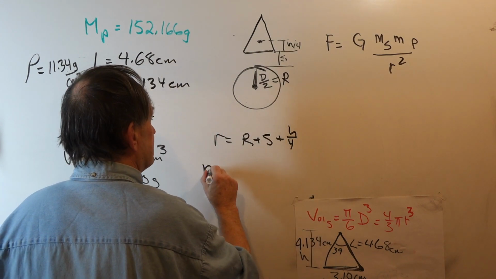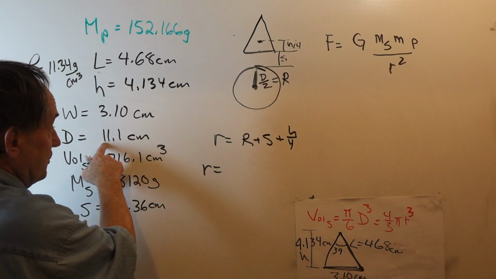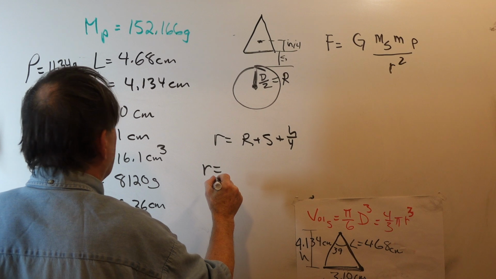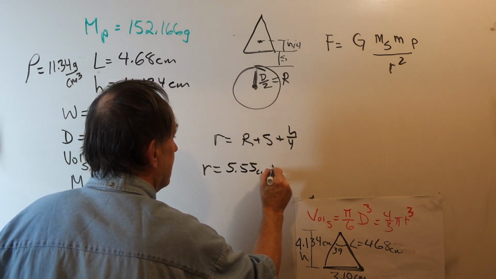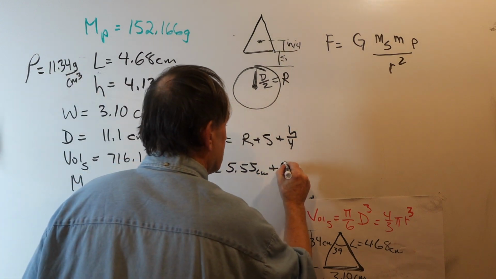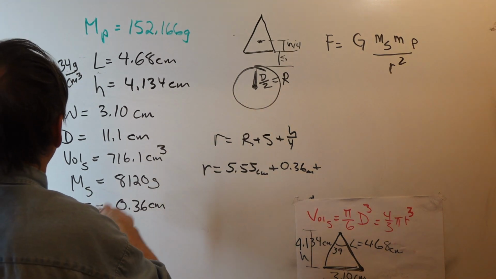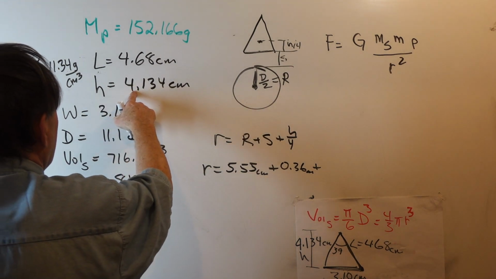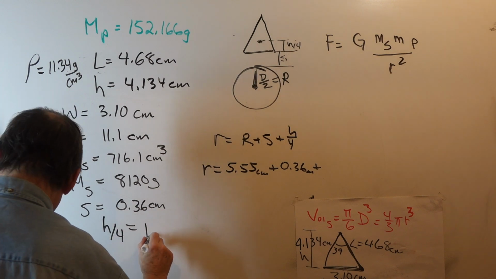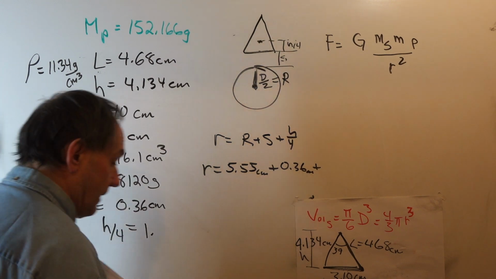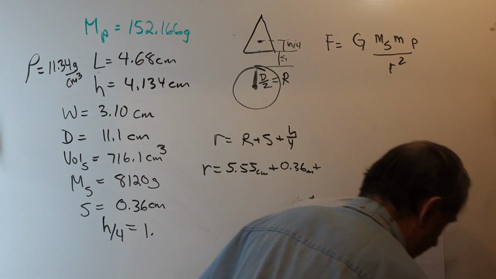So we put our numbers in. Radius of the sphere is d over 2. So 11.1 divided by 2 is 5.55 centimeters. Plus S is 0.36 centimeters, and h over 4, h divided by 4 here was 1.034.